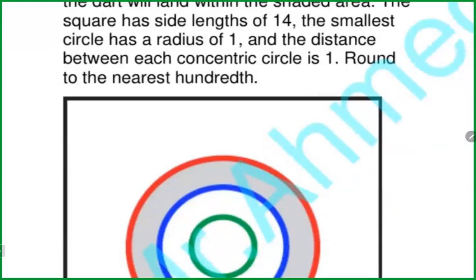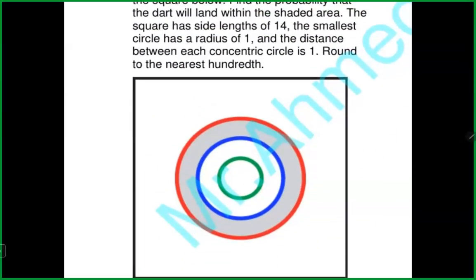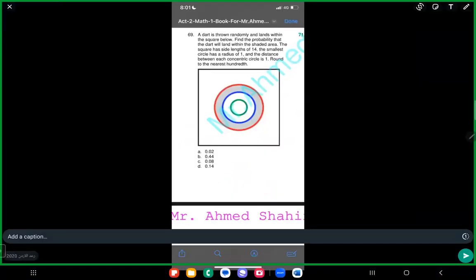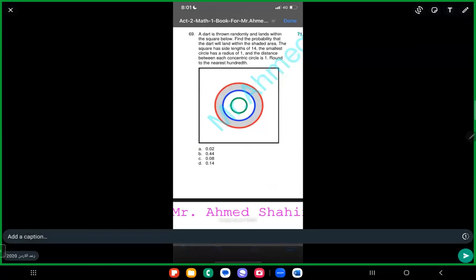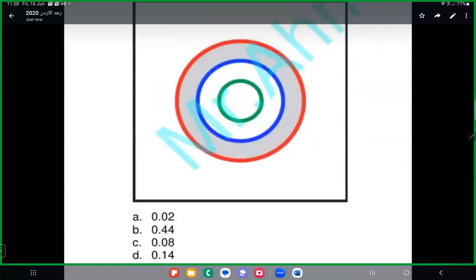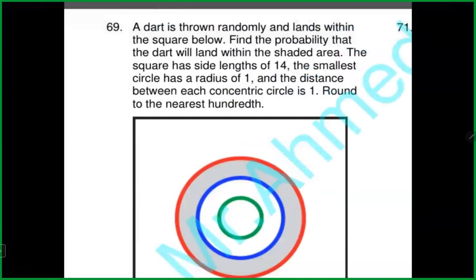Round to the nearest. Let's see the choices. What's the probability that the dart will land on the shaded region?